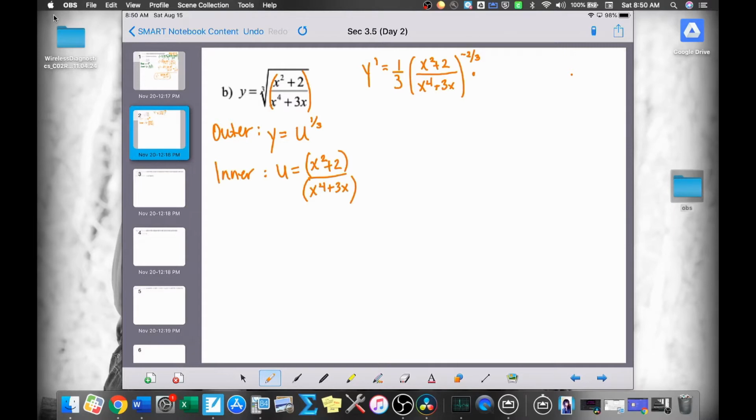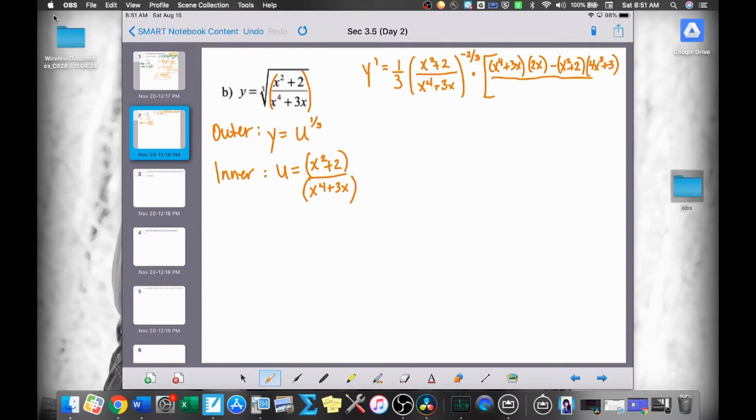Low d high minus high d low over low squared. So low is x to the 4th plus 3x, times d high, derivative of x squared plus 2 is 2x, minus high, that's x squared plus 2, times d low, derivative of x to the 4th plus 3x is 4x cubed plus 3.